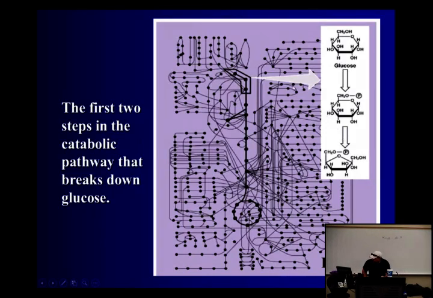And then this enzyme right here, this dot right here, is what we call an isomerase. What's an isomer? It's not the same shape, right? It's the same parts. Meros means part, iso means same. So an isomer is the same parts but different shape.